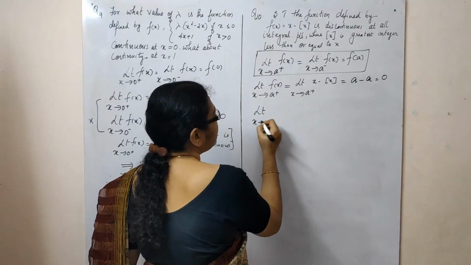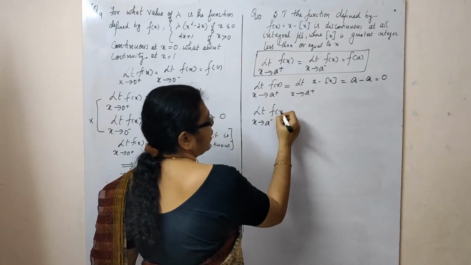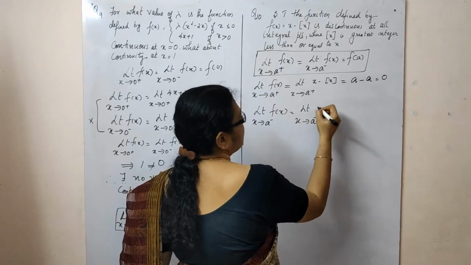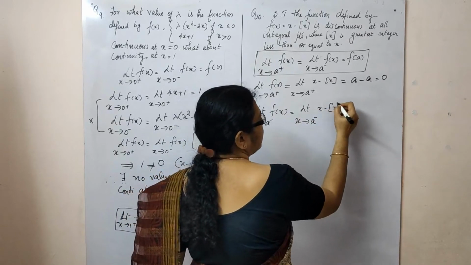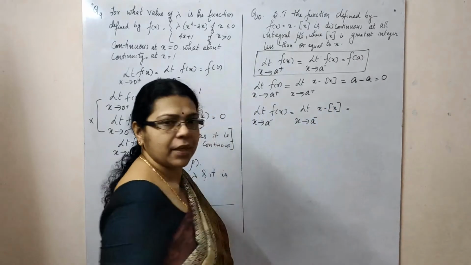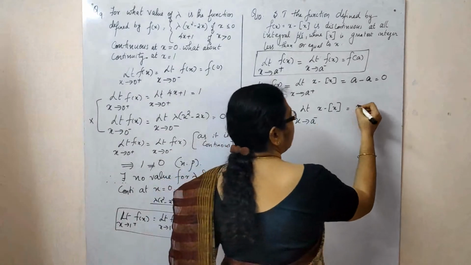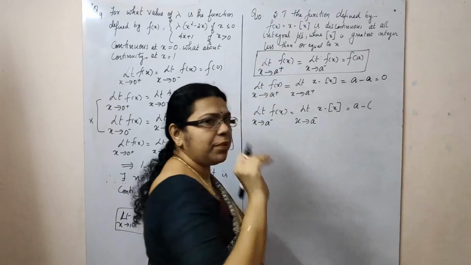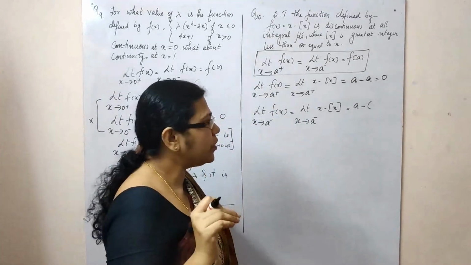Now limit x tends to a minus f of x is equal to limit x tends to a minus of x minus greater integer value of x. So what do I get? This x is a itself, a minus, and when I subtract a small value, it comes to the next lower one.